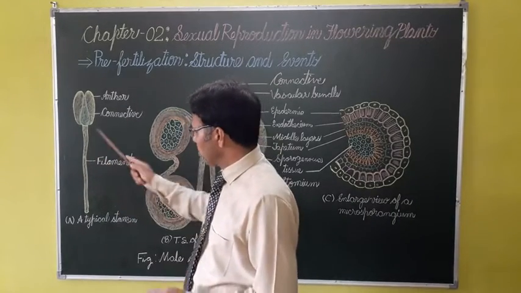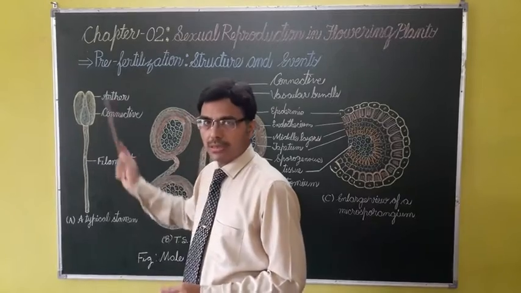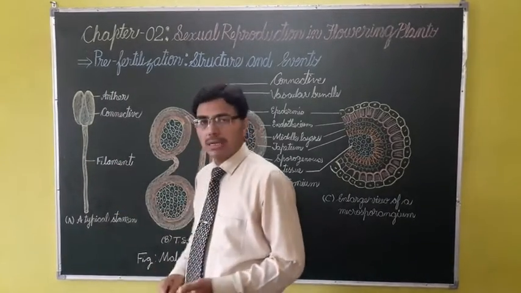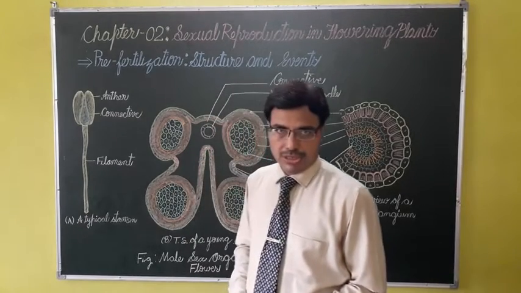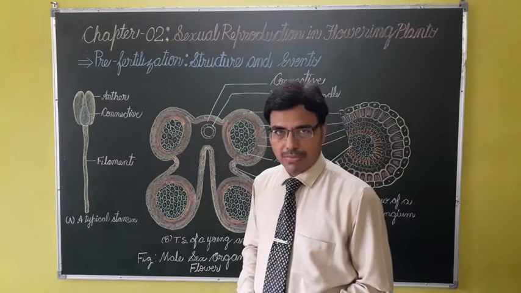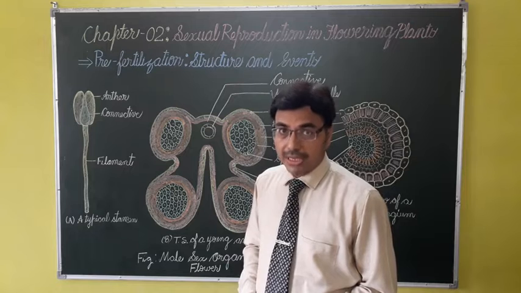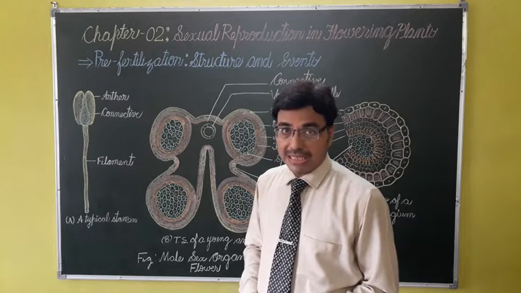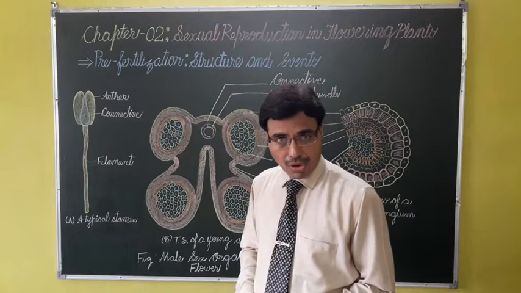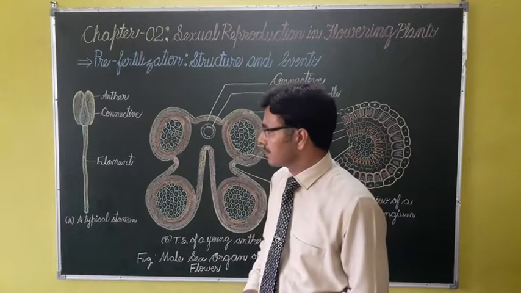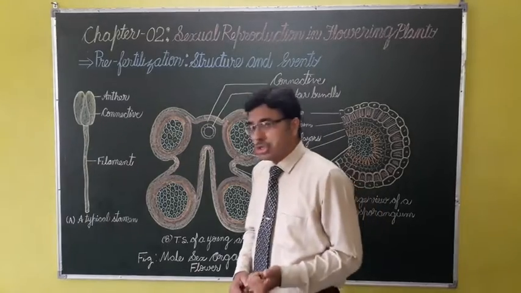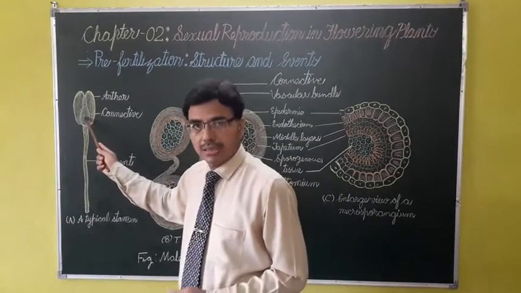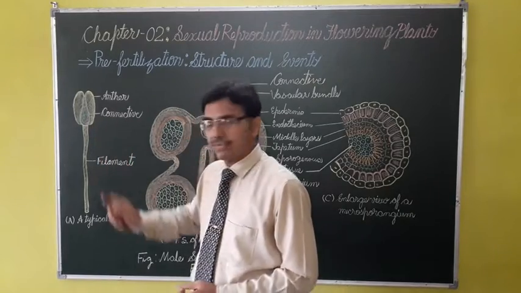This globular portion is called anther, and this stalk like structure is called filament. And students, you are well aware that this filament is attached with either thalamus or the petal. Now you are also observing here this greenish part, which is called connective.